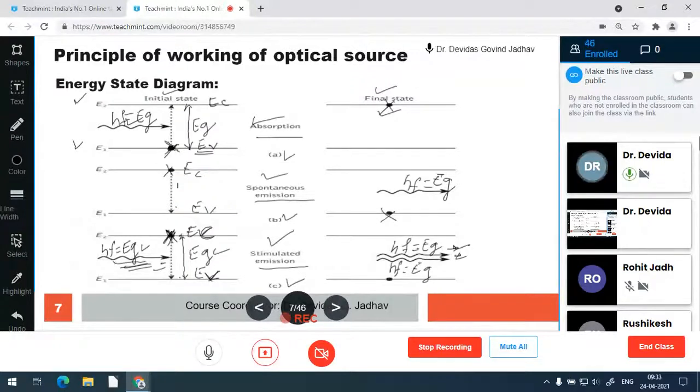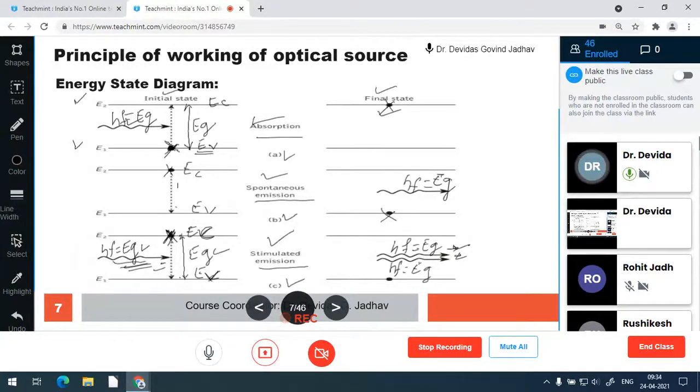This absorption of an external photon, with hf equal to gap energy, is the phenomenon called absorption, and in that absorption the energy is possessed by the electron which is jumping from valence state to conduction state. The energy of the electron increases from valence state to conduction state. Okay. So this is absorption.